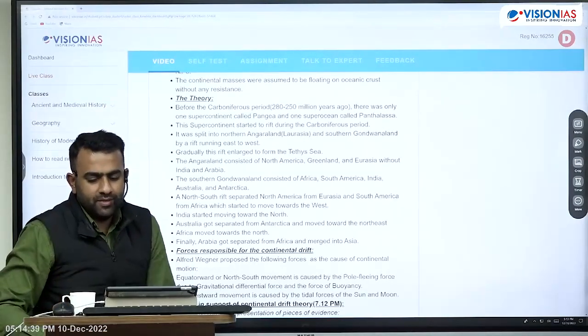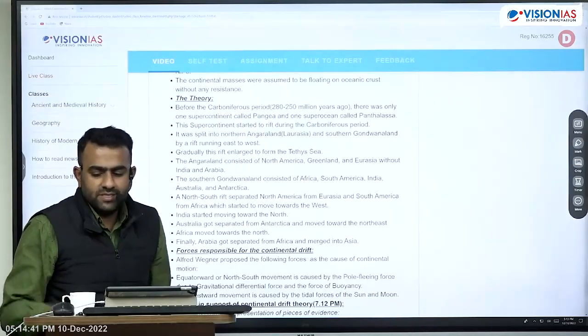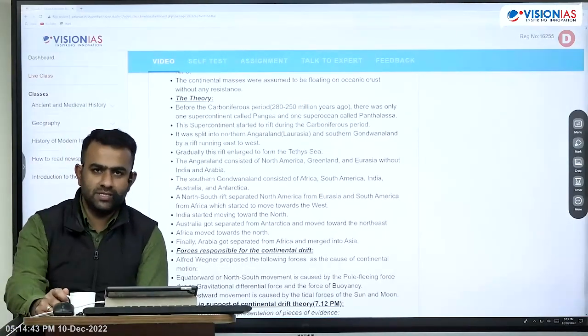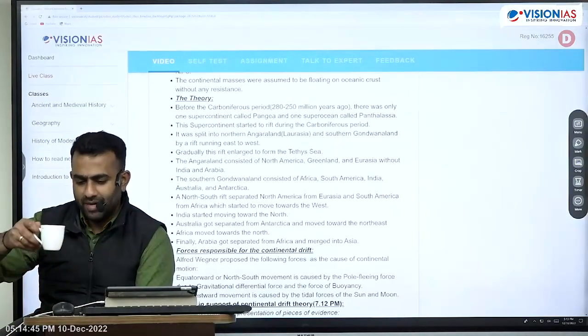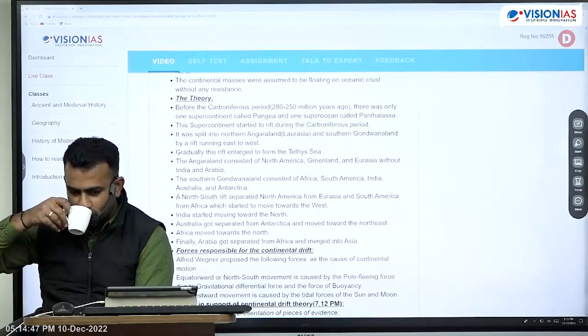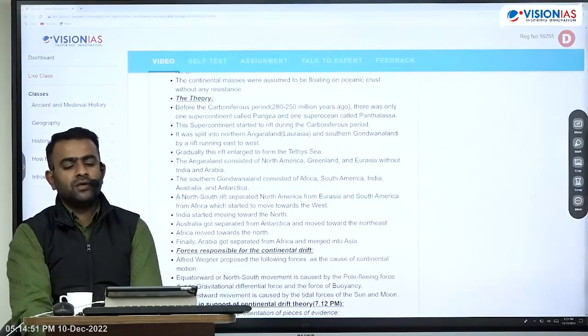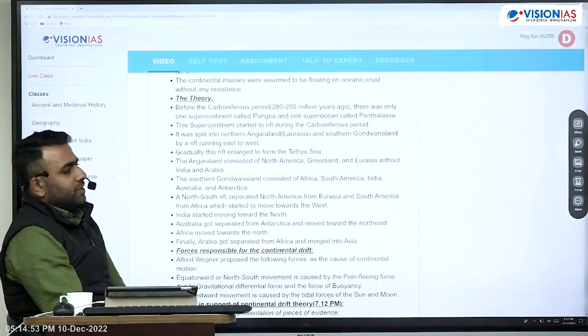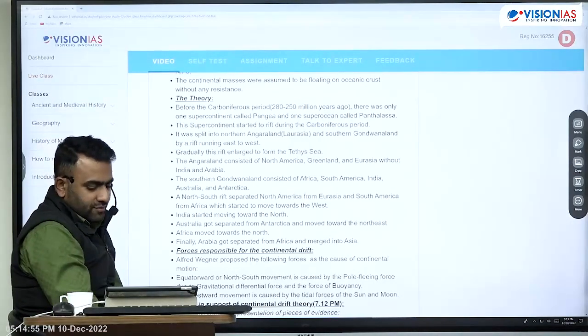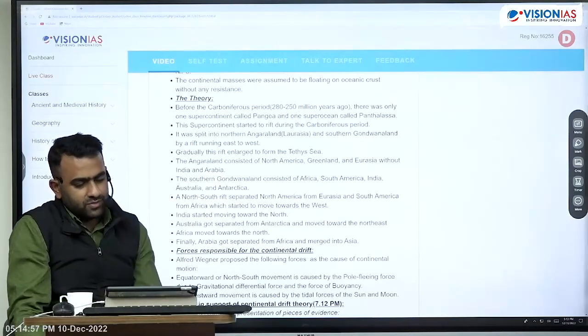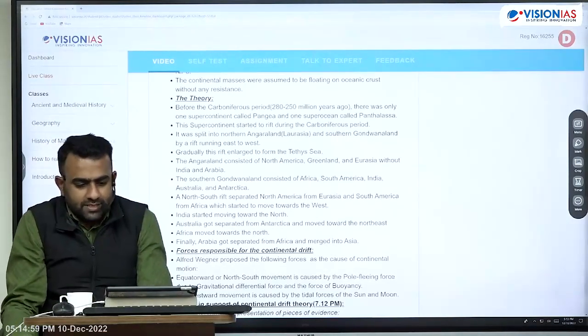Then which glacial evidence? Tillites. Then placer deposits of Africa. These are the very important evidences using which he gives the theory of continental drift, which proves the movement of continents as such.